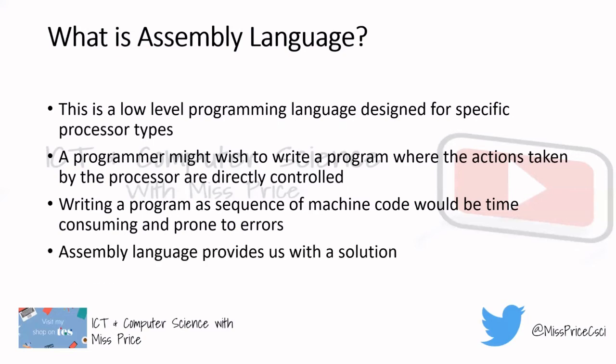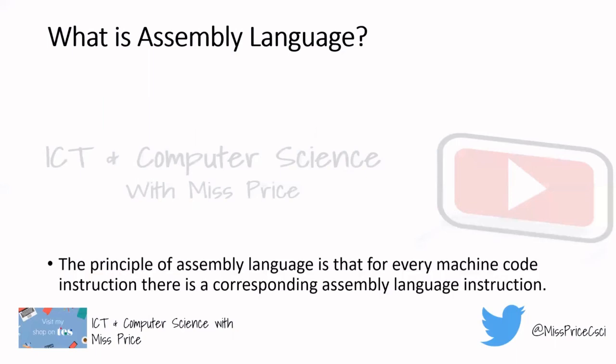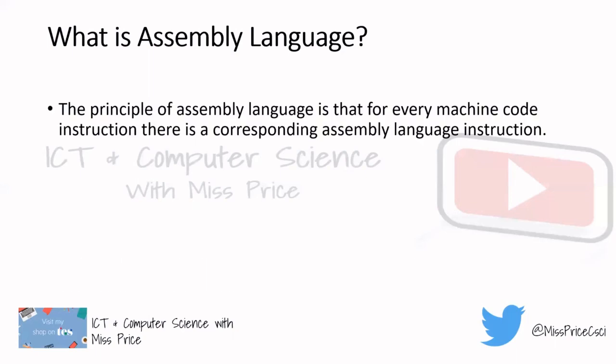So assembly language provides us with a solution to prevent that. The principle of assembly language is that for every machine code instruction, there's a corresponding assembly language instruction. Because as we said, every processor works differently. So this is in fact some kind of translator.